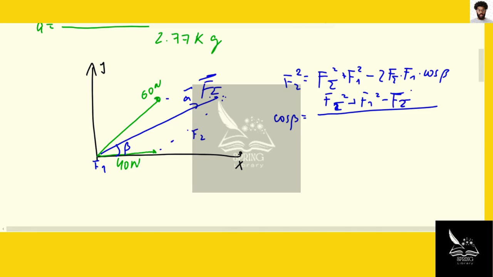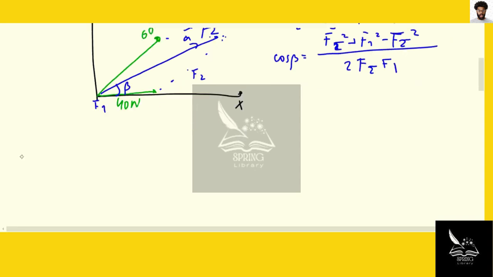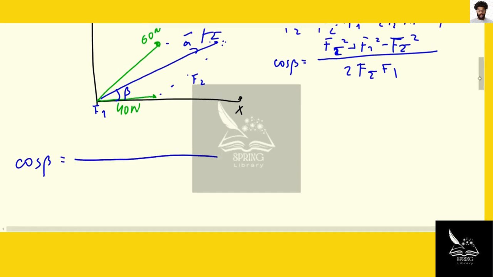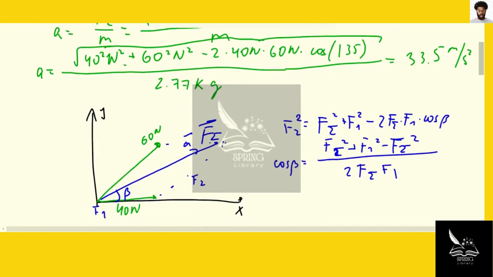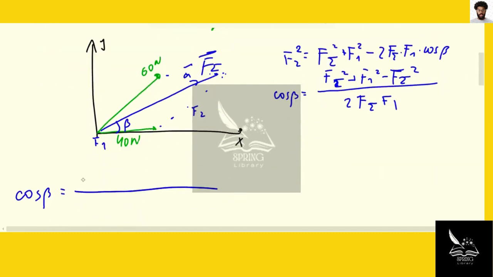So now let's calculate cosine beta in numbers. It equals F total squared, which is roughly 92.7 newtons squared, plus, actually let's do it a slightly different way.